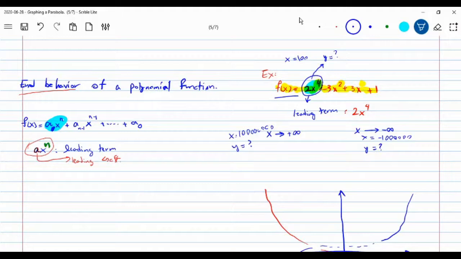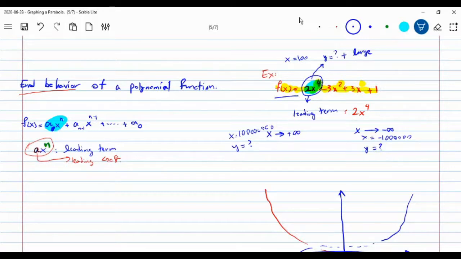If you replace negative 100, negative 100 to the power 4 is still a positive number. But what happens if you multiply by 2? 2 times that is still positive. If this was negative 2, then it turns into a negative value. So this coefficient tells you what the sign at the end is. In this case, if you replace 100, since the coefficient was 2, what you get is 2 times 100 to the power 4. The y value is still positive and it's a very large number.